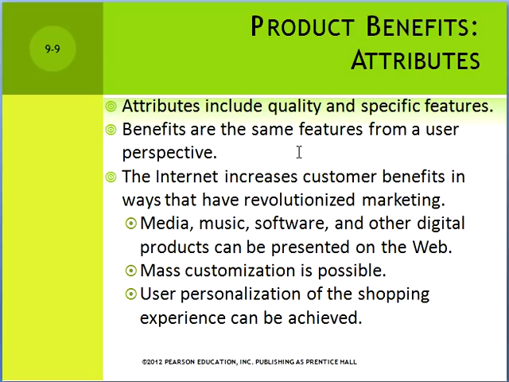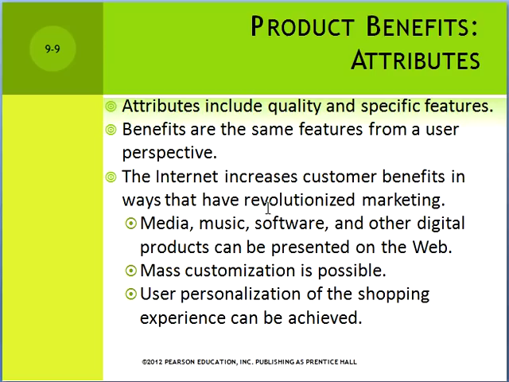Benefits are the same features from a user perspective. So these are the features which they are getting from that product, utilizing it, or maybe for the service purpose too, what kind of benefit they are getting from that product.